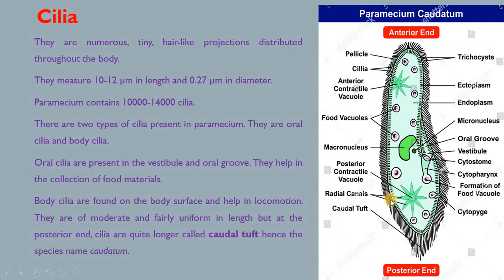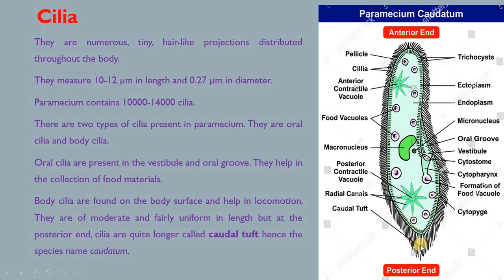Here you can see the cilia all over the body. We have described two types of cilia. First is the oral cilia and the other one is the body cilia. Oral cilia are present in the oral groove and vestibule, and their function is to collect the food material, whereas the body cilia are found on the body surface and help in locomotion.